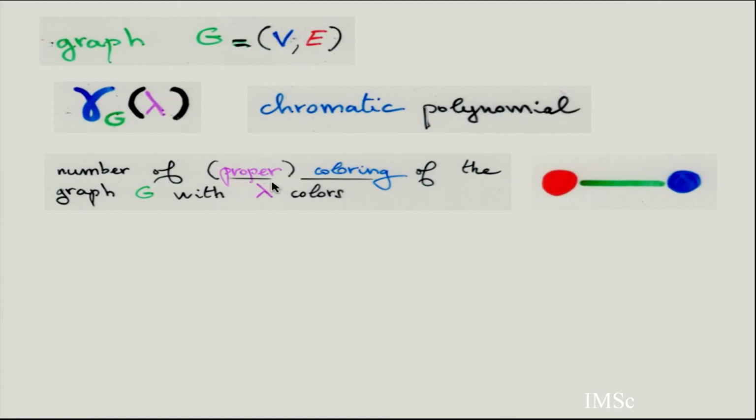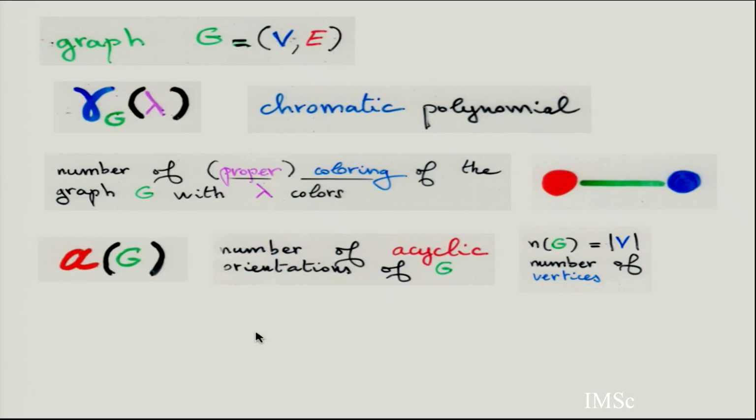So I have talked about the chromatic polynomial. I just recall the definition. It's the number of colorings of the graph. When I say coloring, it means proper coloring. Proper coloring means that two vertices connected by an edge do not have the same color. I denote by A of G the number of acyclic orientations of G, and N of G will be the number of vertices of the graph.